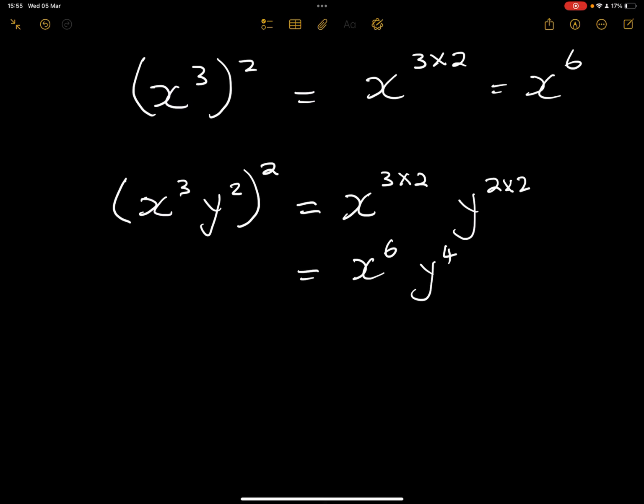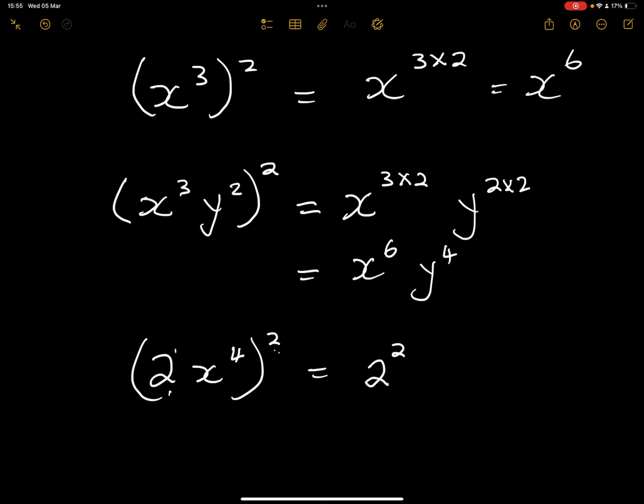But I want you to also keep in mind, so in this case, if I've got 2x raised to the exponent of 4, and I raise this to the exponent of 2, right? I want you to note in this case that we will have 2 squared. Now, please keep that in mind.